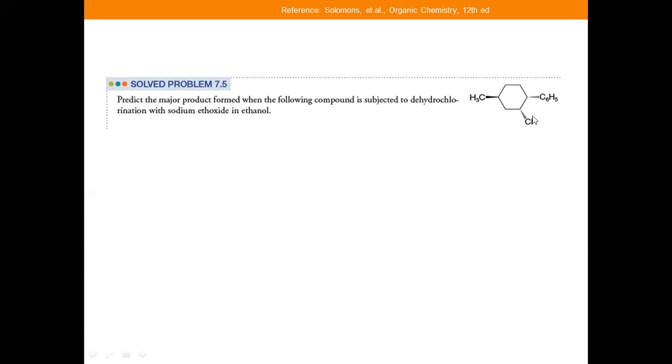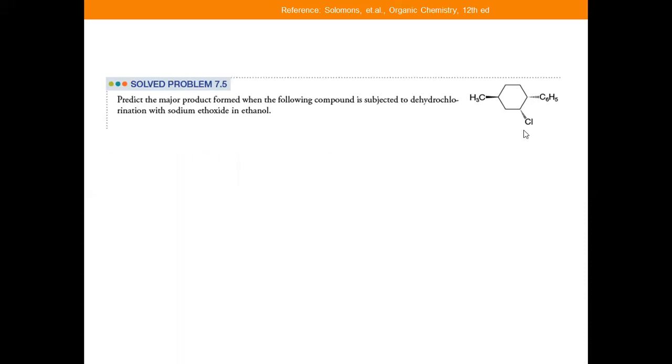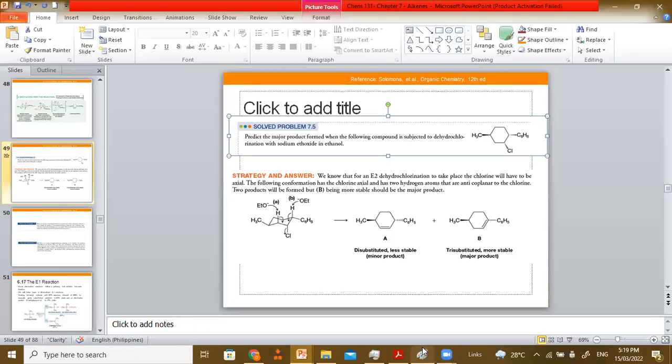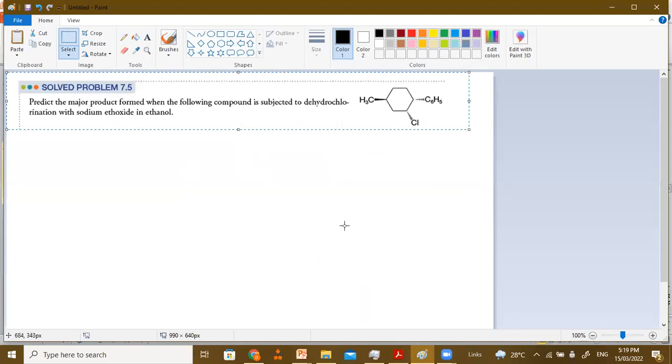When you have this one, it's best if you can show it in, let's say, the chair conformation. So showing the chair conformation, you draw two lines.